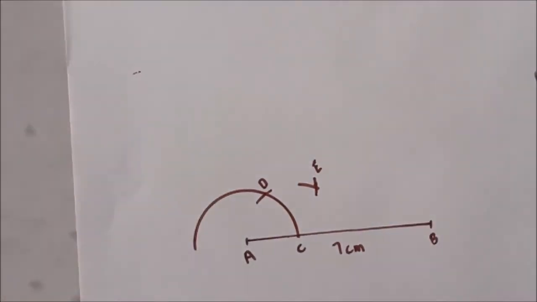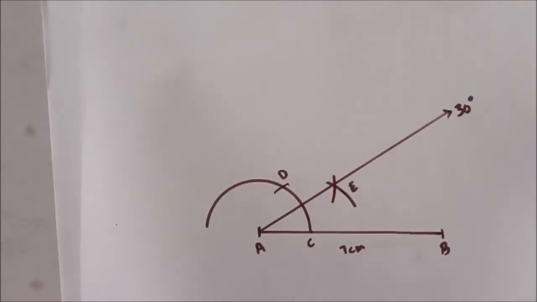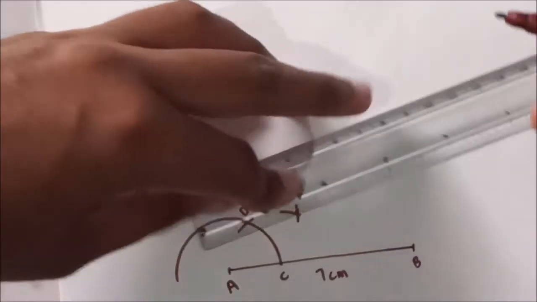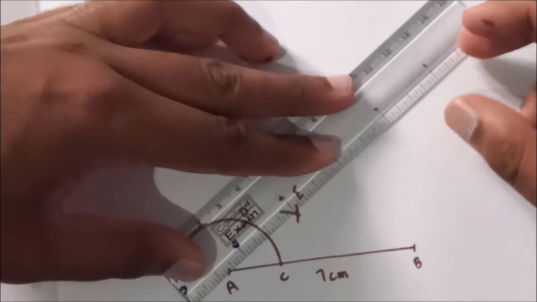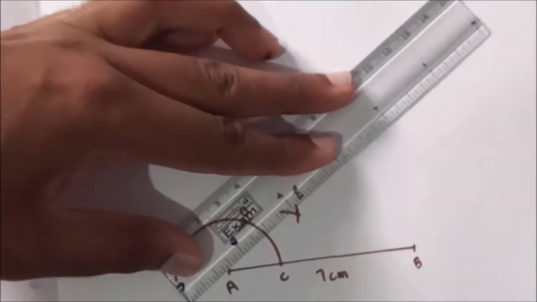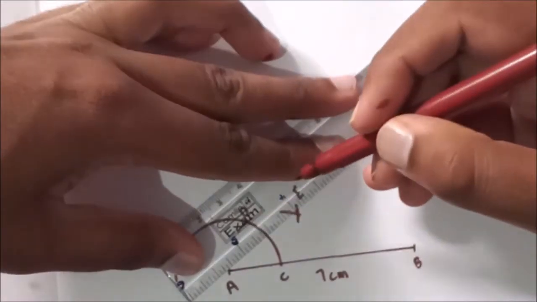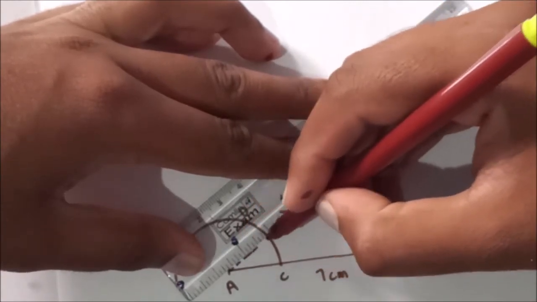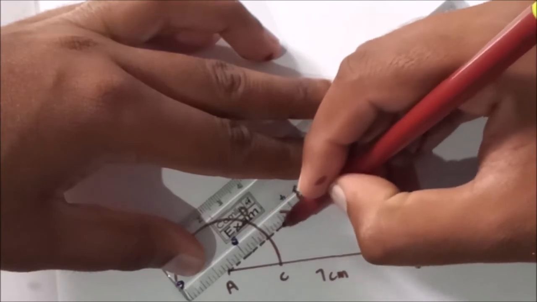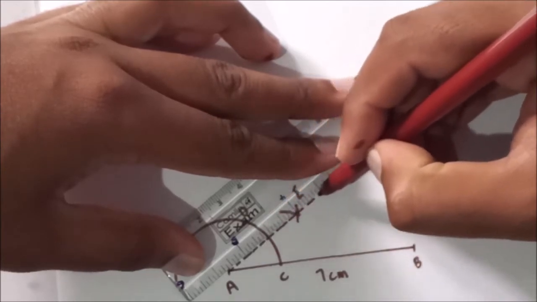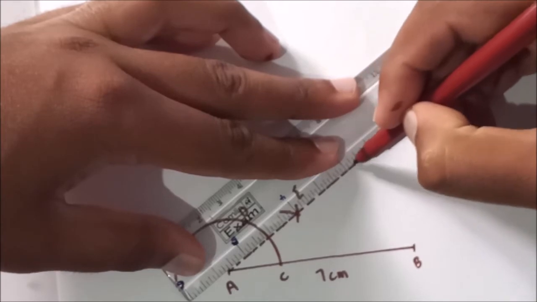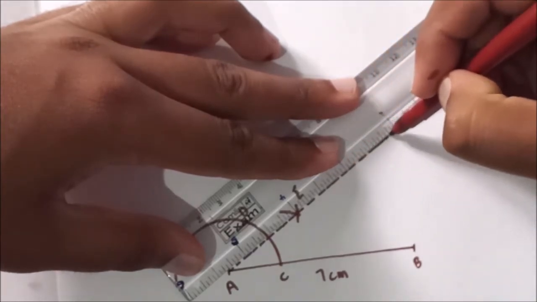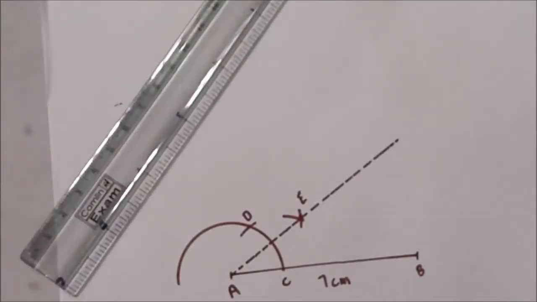This is the same type as the previous one, like the 30 degrees. Now I'm going to make it as dotted lines to show that it's 30 degrees first. First I constructed 30 degrees.